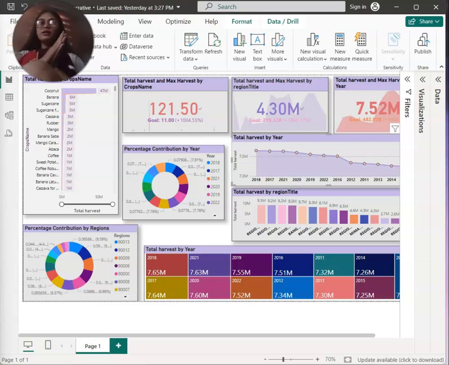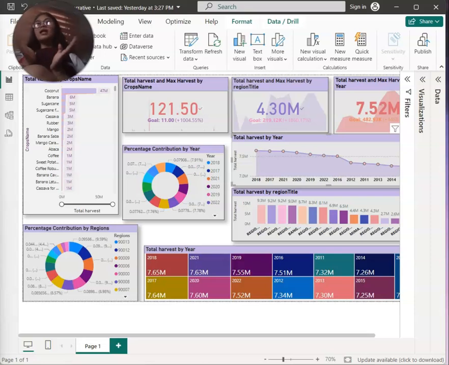It represents an in-depth analysis of agricultural harvest, providing a clear overview of crop productivity, regional contribution, and yearly trends. So the primary purpose of my work appears to be to explore patterns and trends in agricultural data to identify key drivers of productivity and areas for improvement.